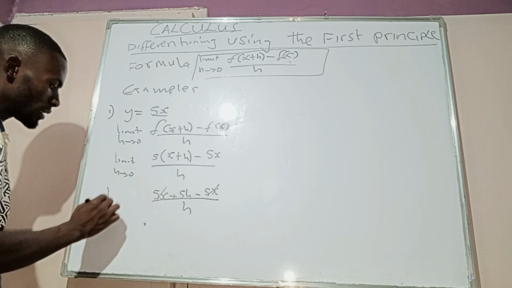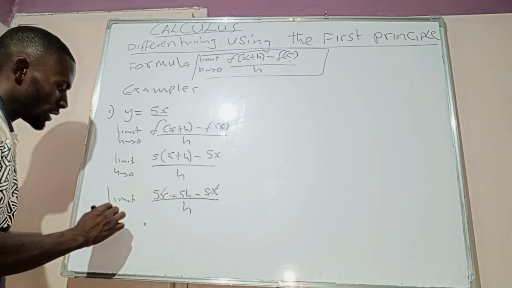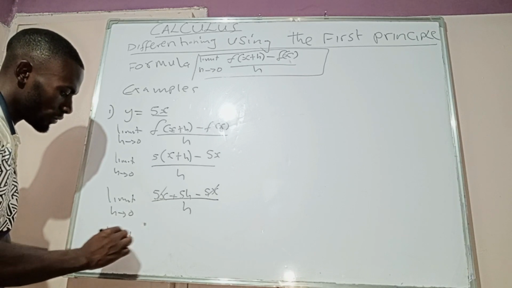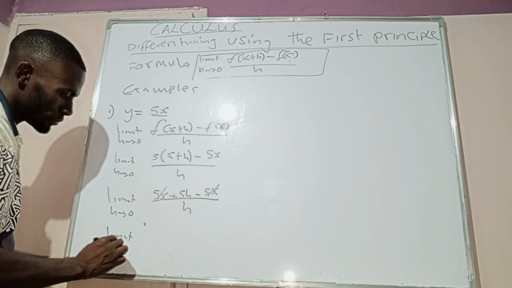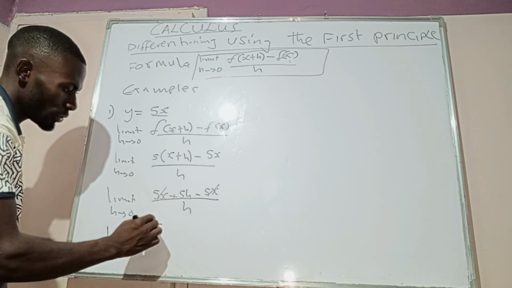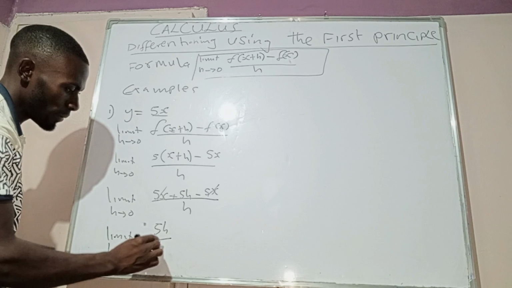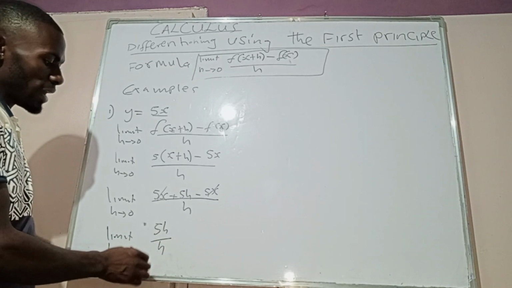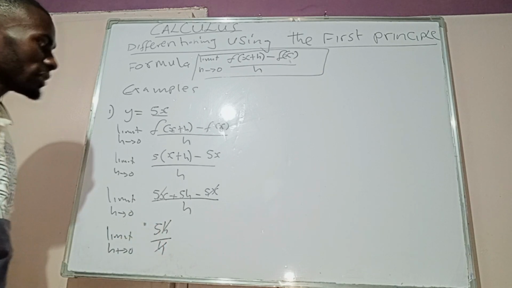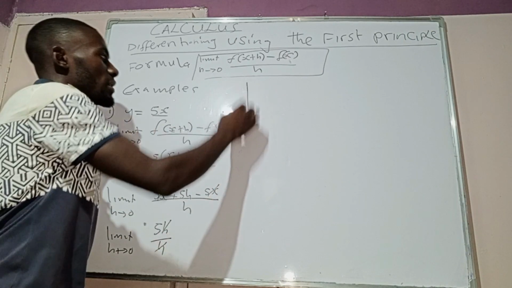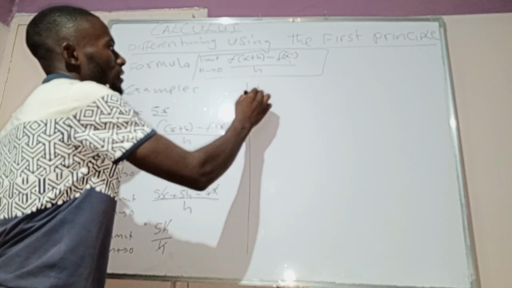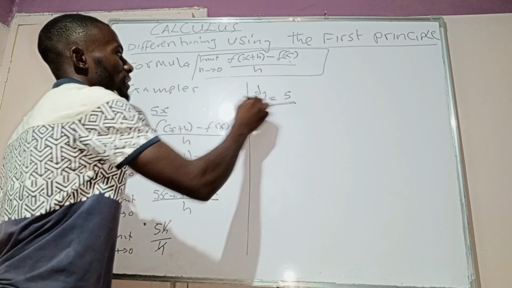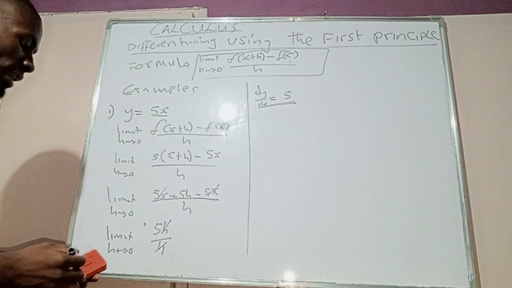This means that as h approaches 0, we remain with 5h over h. We have the common h on top and h at the bottom, so we can divide. This means our dy over dx is going to be 5. So that is our answer.